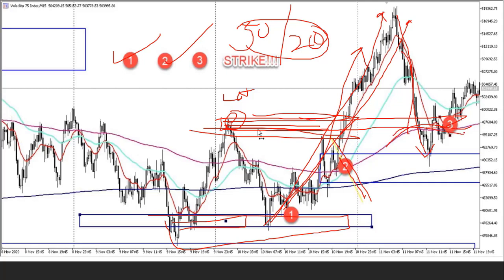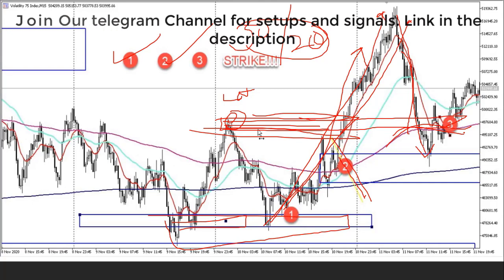The other thing you need to see is an M formation or a W formation anchoring the 200 EMA. If you are in an uptrend, you need to see both legs of the W below the 200 EMA, as in this case.